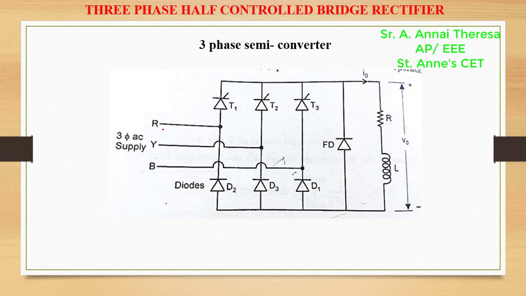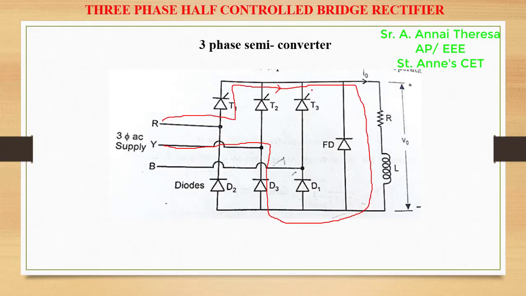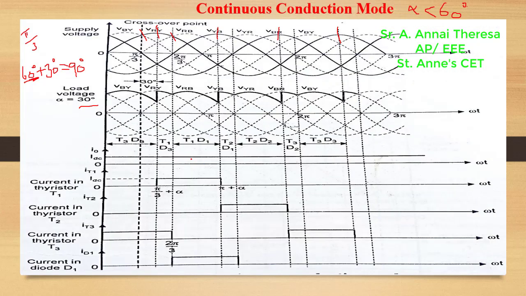The current path will be from the R phase through thyristor 1, then the load, then diode D3, then the Y phase. So thyristor 1 and diode D3 will conduct, T1 and D3 at this point.